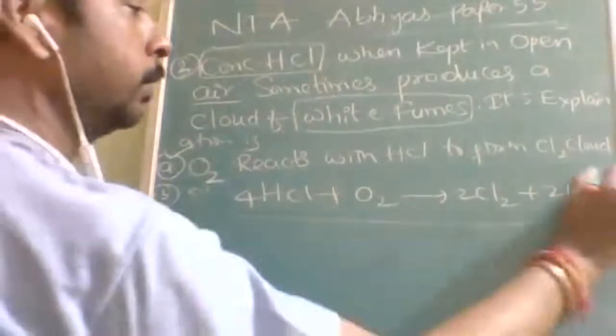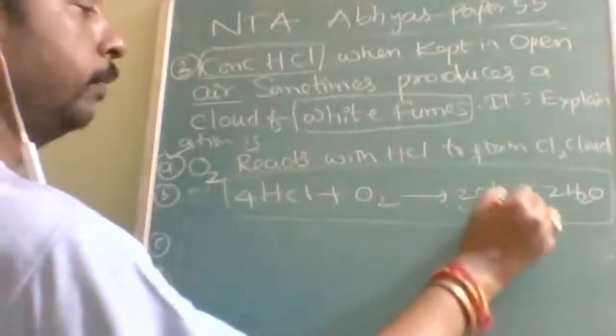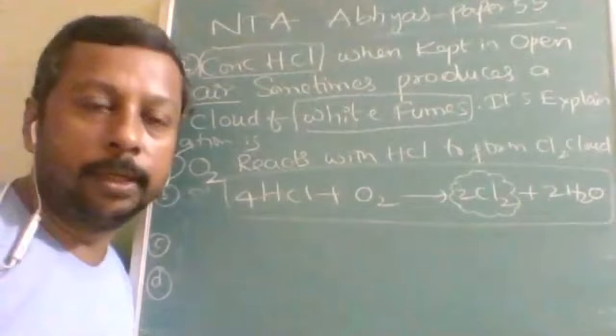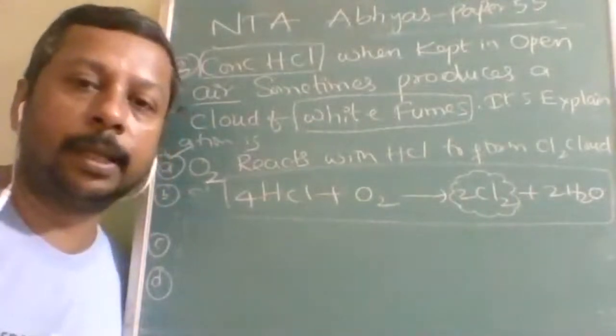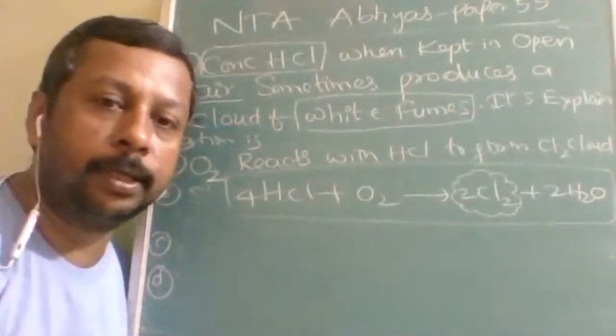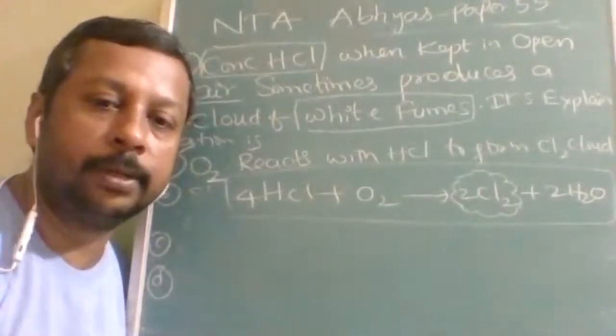So chlorine will form. Actually its color is greenish, but when it is diluted in atmospheric gases, it appears as white fumes. Only chlorine is a greenish yellow gas.